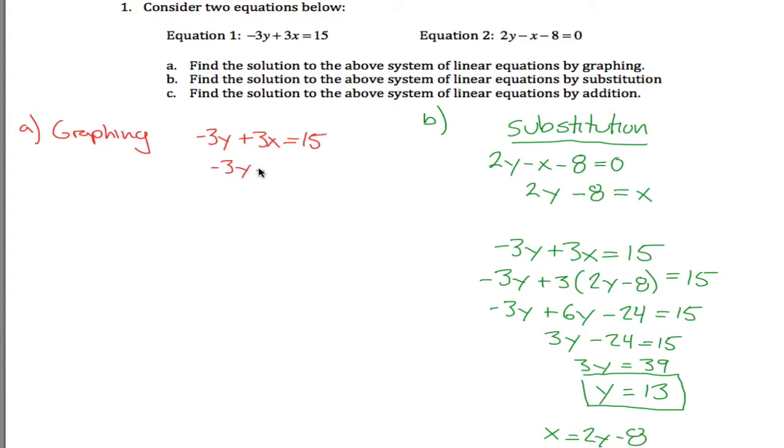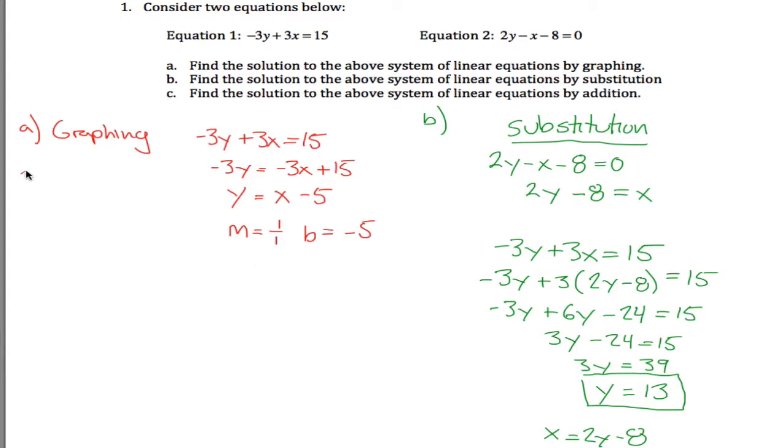I got negative 3y equals negative 3x plus 15. And then divide by negative 3. Careful, it's negative 3 we're dividing by here. So that leaves us with positive 1x. You can just write x. And 15 divided by negative 3 is negative 5. So we get that our slope is equal to 1, which you can write as 1 over 1, and our y-intercept is negative 5.